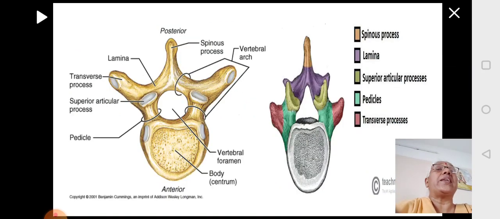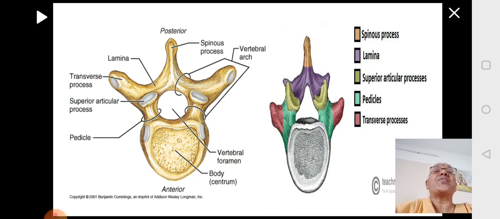Now we will look at each one of them, whatever we have done in the previous two slides. Look at the picture on the left side. What you have, which is present on the anterior side, is called the body or centrum of the vertebra.